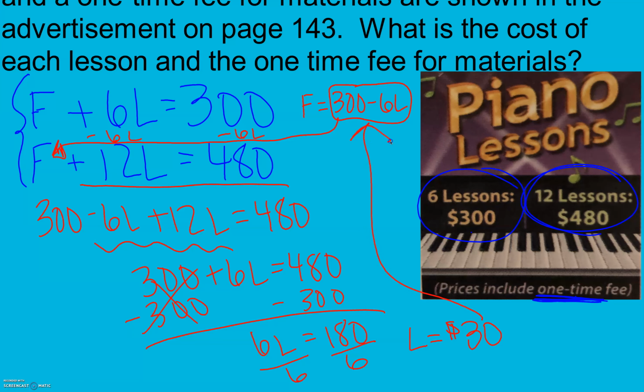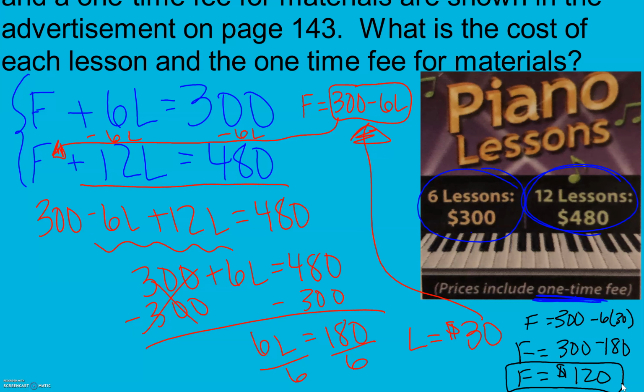Okay, so just because we get $30 per lesson, we still have f's that we need to solve for. So I'm going to plug that 30 in up here for L. F equals 300 minus 6 times what each lesson costs. And my fee is going to be $120.